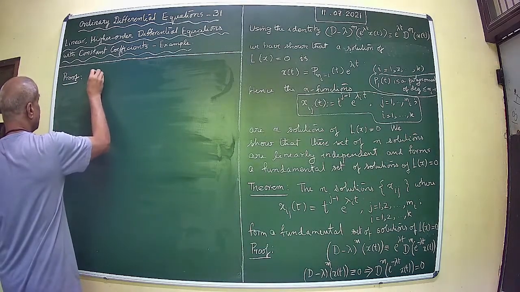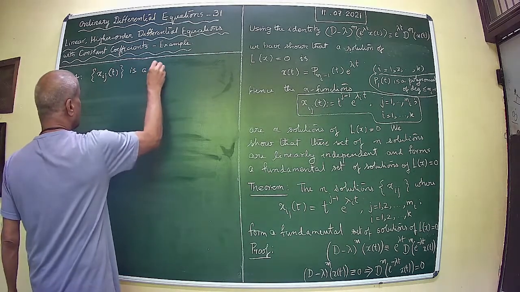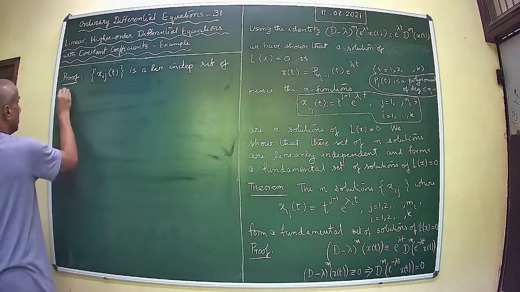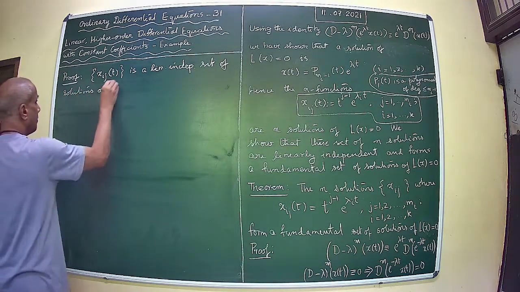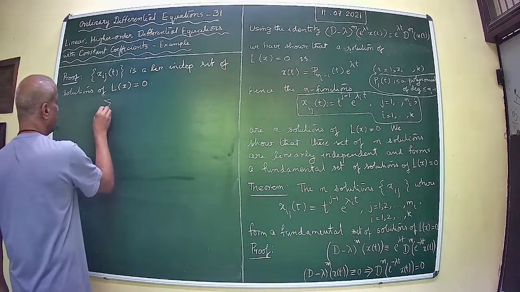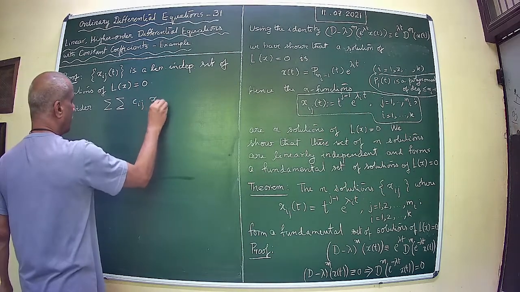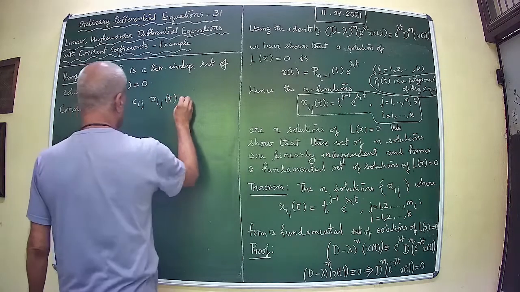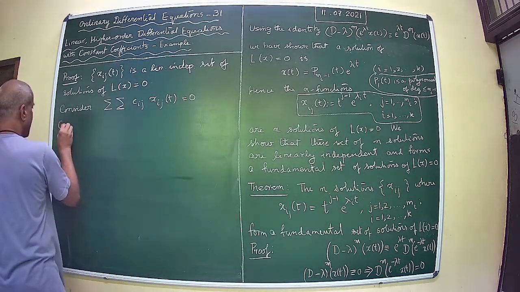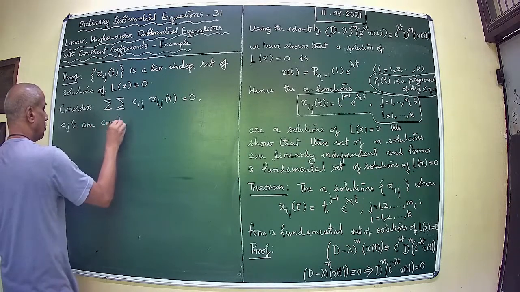So we want to show that, so consider a linear combination of the x_ij(t), where the c_ij's are constants.